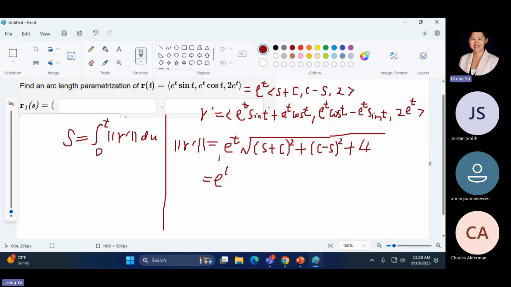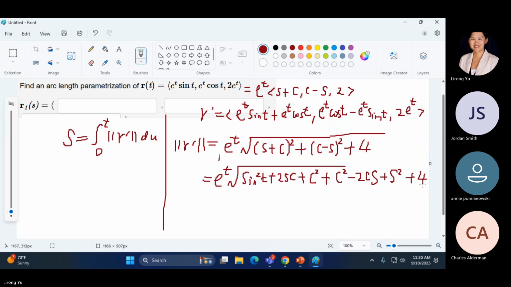This is e to the t multiplied by the square root of: sine squared t, I'm going to write it out, sine squared t plus 2 times sine times cosine, it's long so I'm going to write the shorthand still, and cosine squared, then plus cosine squared minus 2 times cosine times sine, plus sine squared t, and then plus 4.